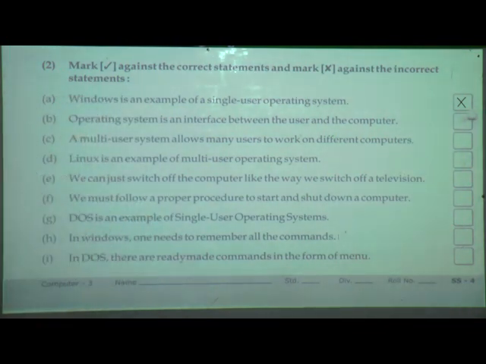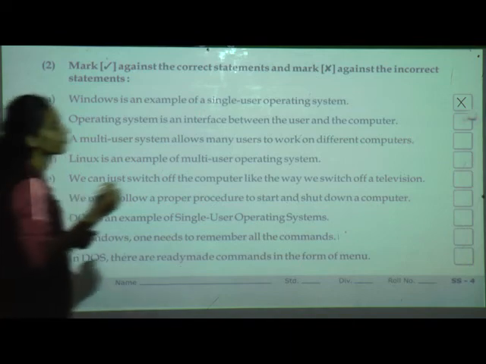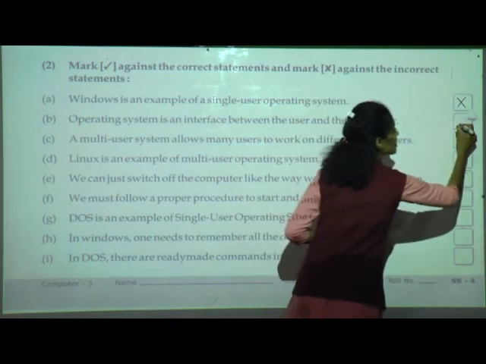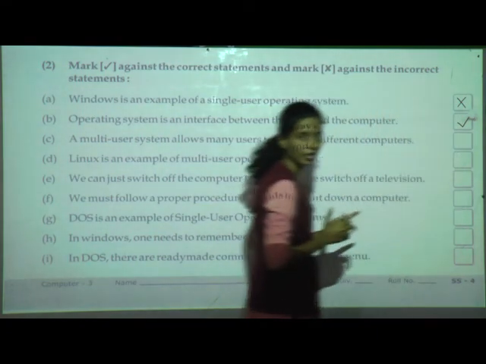Next one is, operating system is an interface between the user and the computer. Right or wrong? It is right. Then we must have to tick it. Okay.